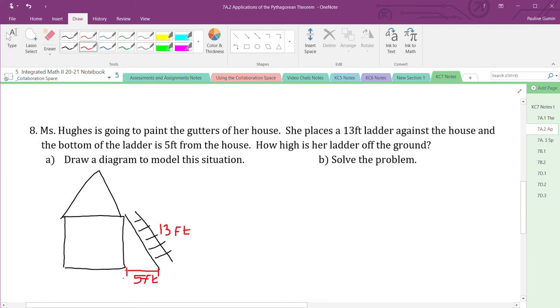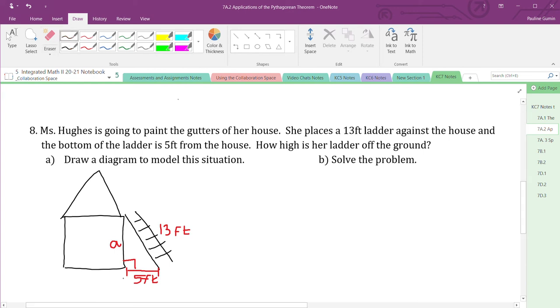Now, what's great here is when we build houses on the ground, they will form a right angle because we want a house to stand up straight. The only way we can do it is by using a right angle. So this creates a very nice triangle for us where we're just missing one of my legs. I'll call it A.